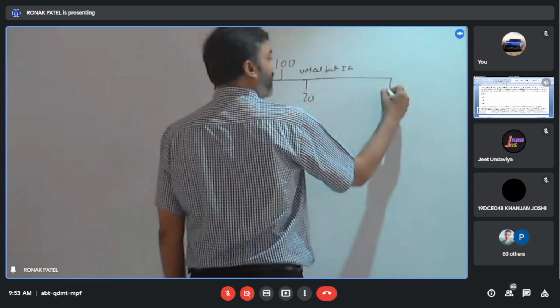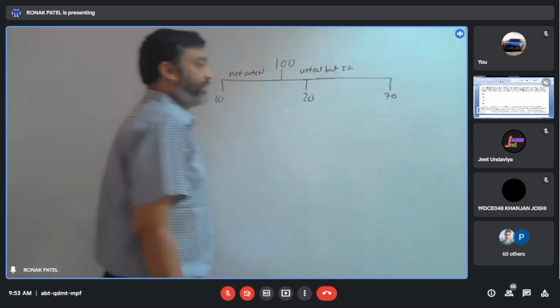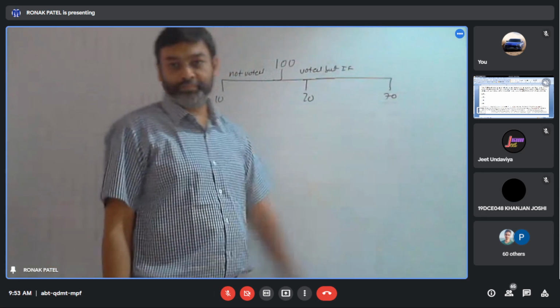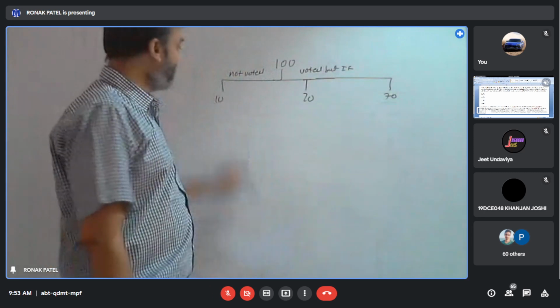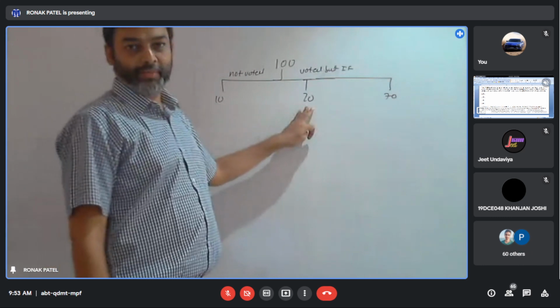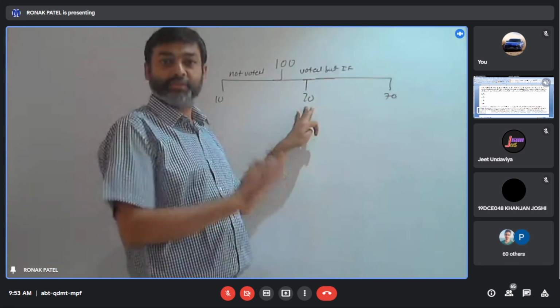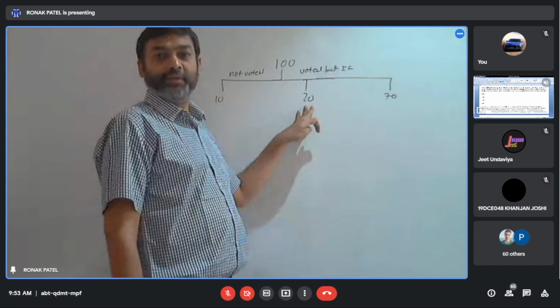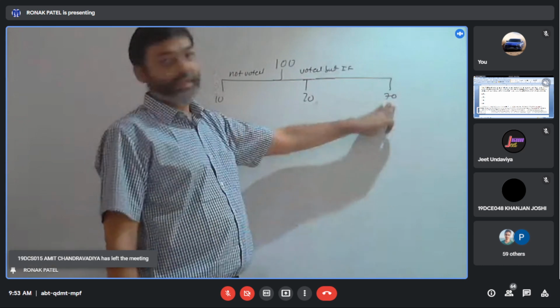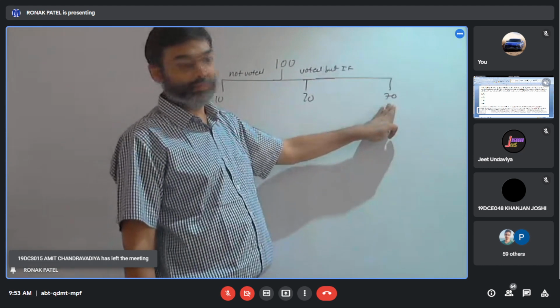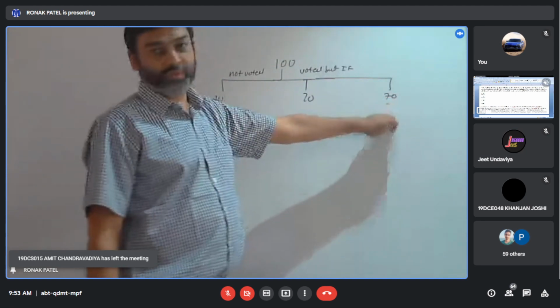So remaining are now 70. So those who voted, also clear. Because 10% have not voted, 20% were found to be ineligible, and 70% people, eligible votes, were there.